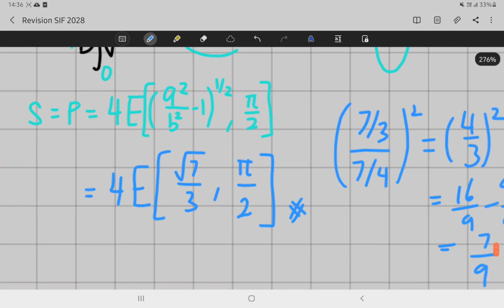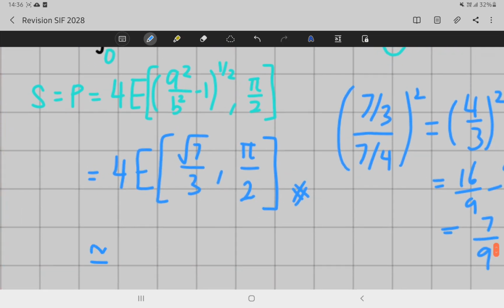Okay, so in order to find the numerical value, we need to look at the table. So let me use my table to look for the numerical answer.